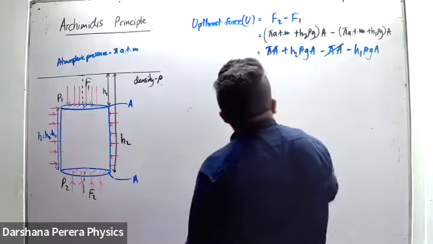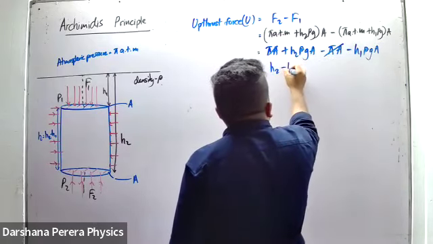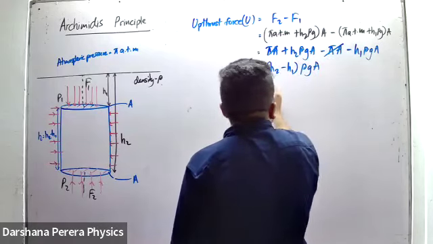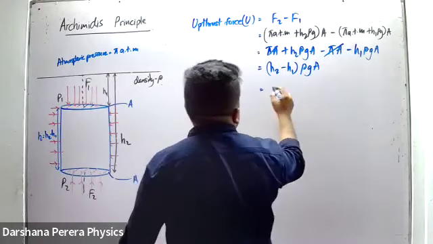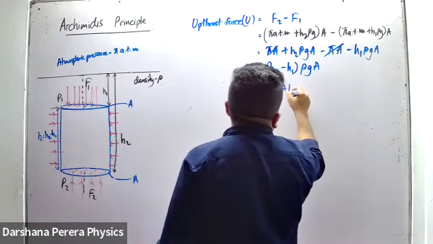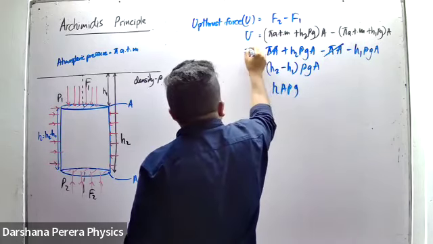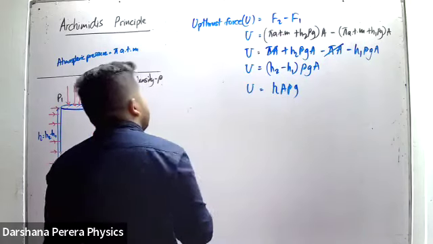P atm A and P atm A cancel out, right? H2 minus H1 rho g A, right? H2 minus H1 means H. So H A rho g. The upthrust force equals this one.